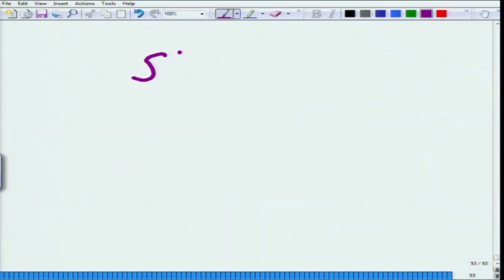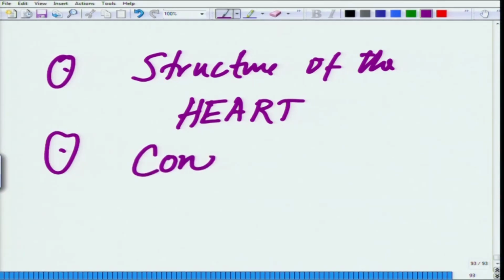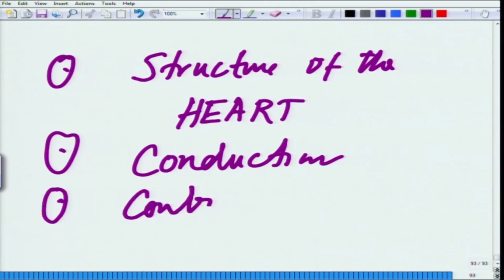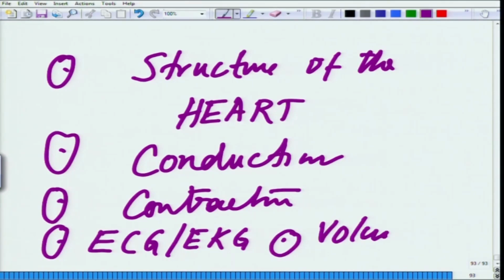So, we talked about the structure of the heart, we talked about the conduction system, we talked about the contraction system, we talked about ECG or EKG, we talked about volume change, and we talked about cardiac output and a few other things here and there, and finally, we talked about what is heart attack.